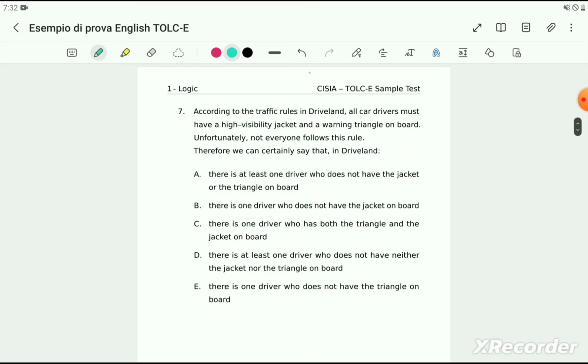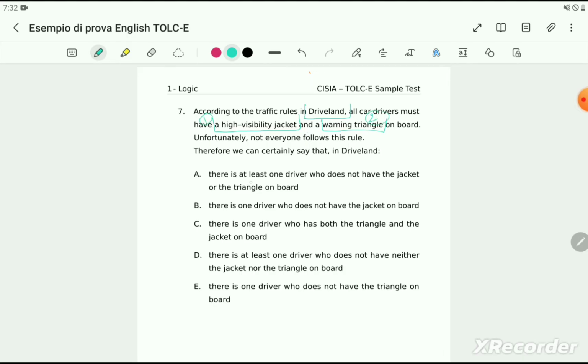7. According to the traffic rules in driverland, all car drivers must have a high visibility jacket and a warning triangle on board. So 2 things, a high visibility jacket, a warning triangle. I can give numbers.